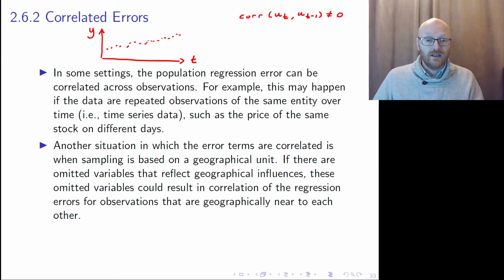Another situation in which the error terms are correlated could be when sampling is based on geographical units. For example, you're trying to model the GDP of a country, but suddenly the neighboring country suffers from a political crisis, which affects the GDP growth in your country, which you are trying to model.